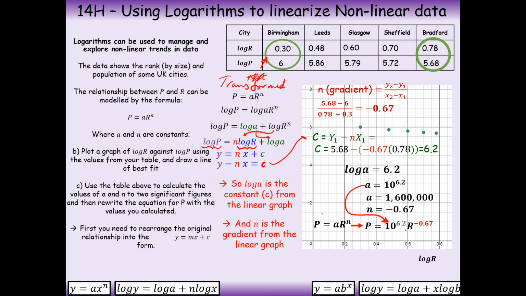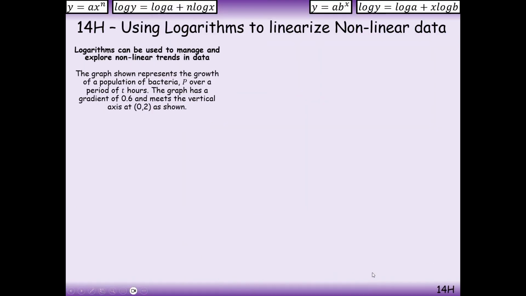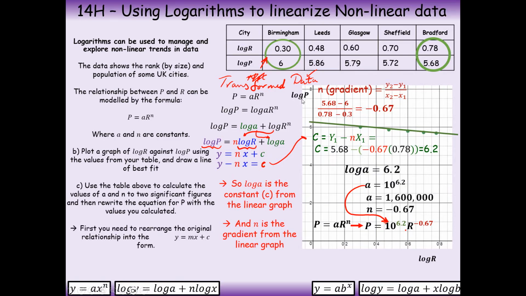So that's it. The table of transformed data to figure out the equation of a straight line, the linearized model, in other words. So don't forget that here we were plotting log p against log r.